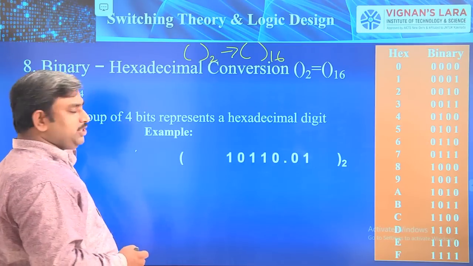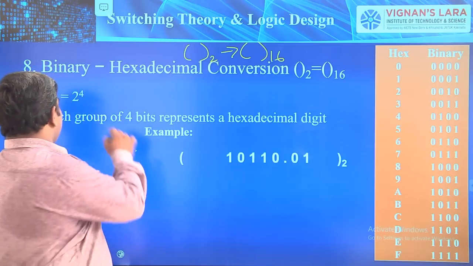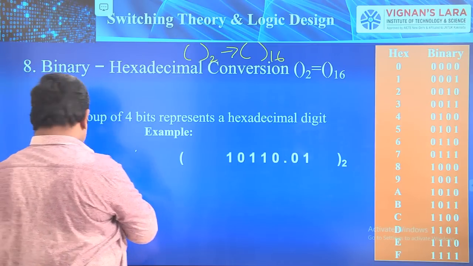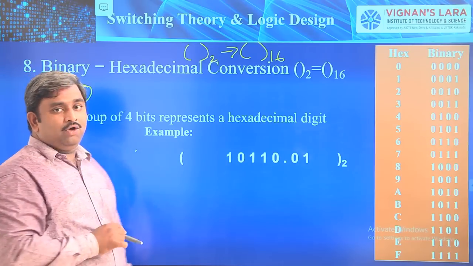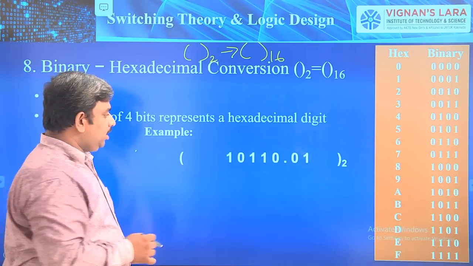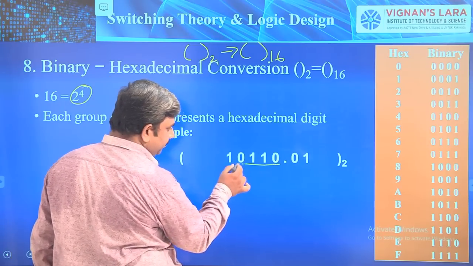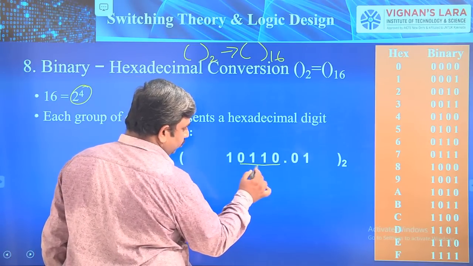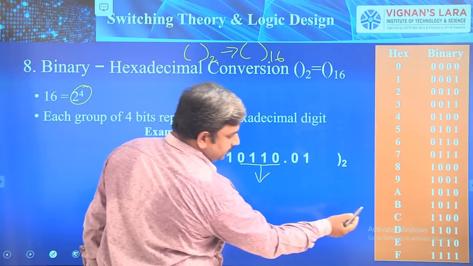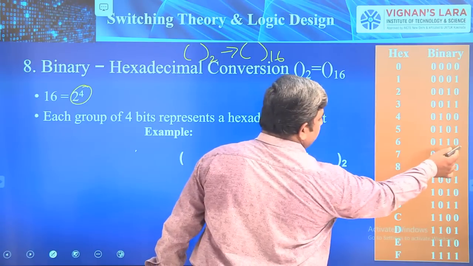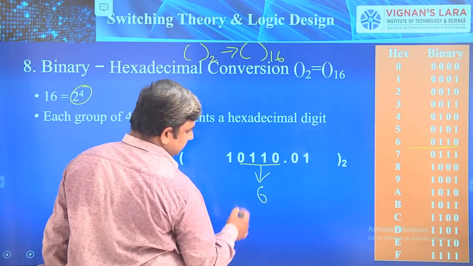Now the possible combinations are 16, that is 2 power 4, so I will group the binary digits in 4 bits. This group is 0 1 1 0. That is 6.